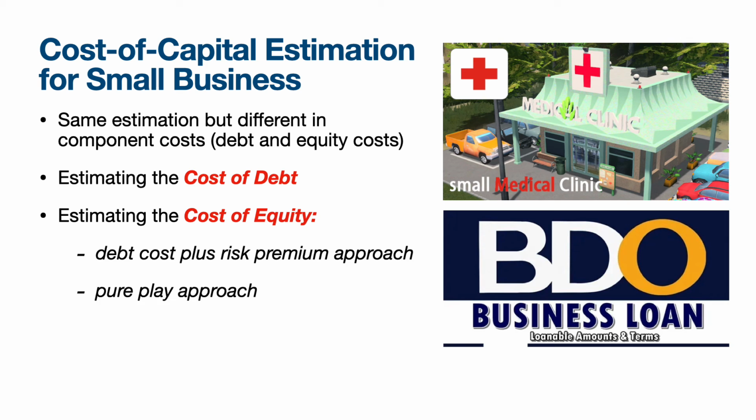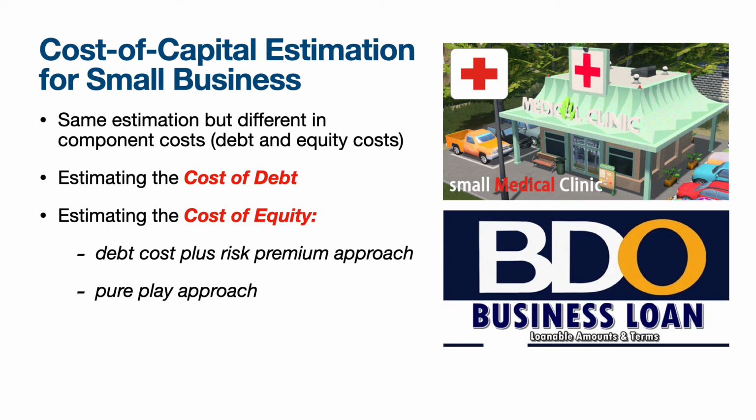The second method is the pure play approach. This is an alternative to the debt cost plus risk premium approach. To illustrate, suppose the beta for a publicly traded practice management firm is 0.88.